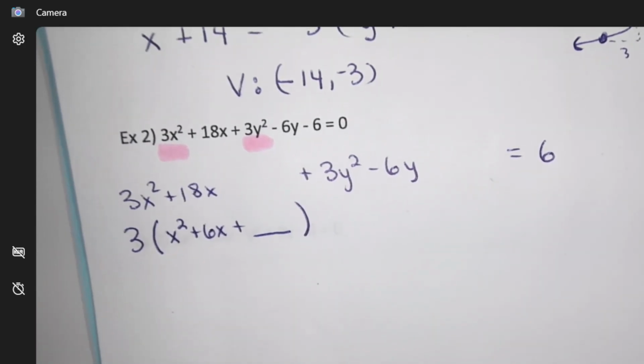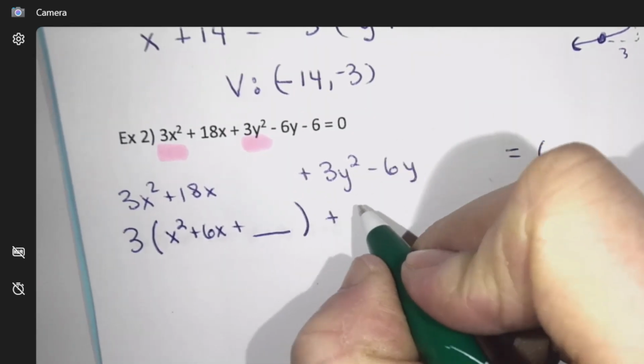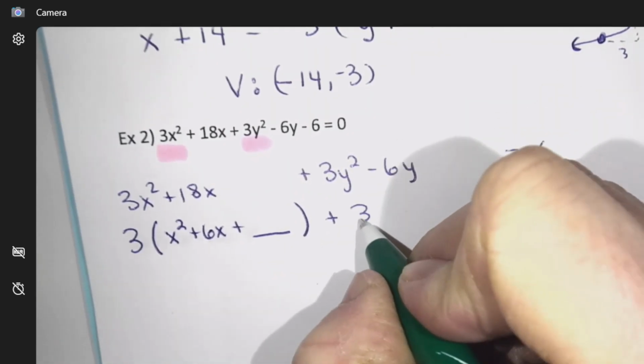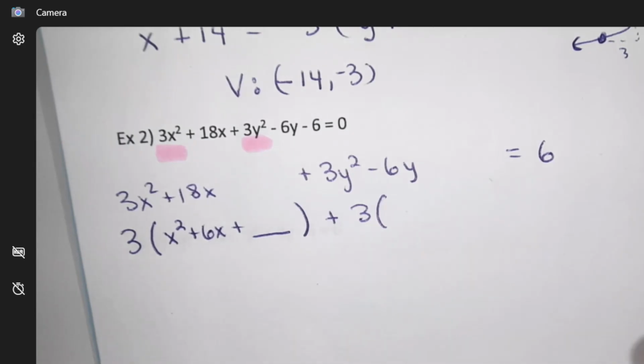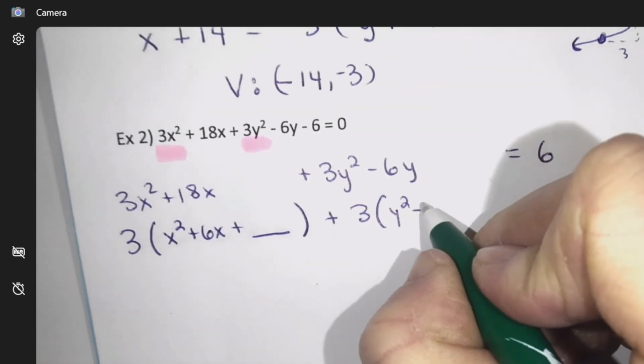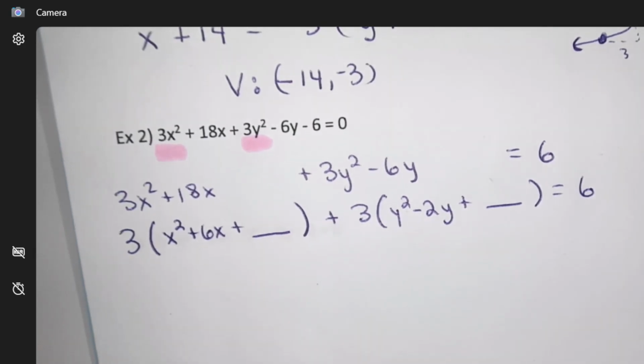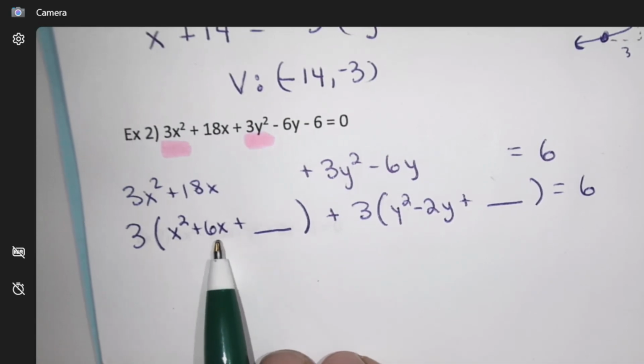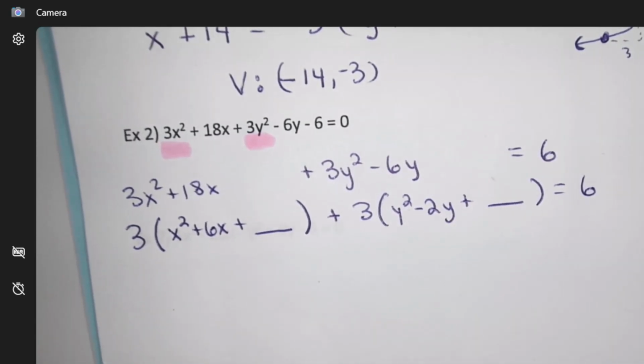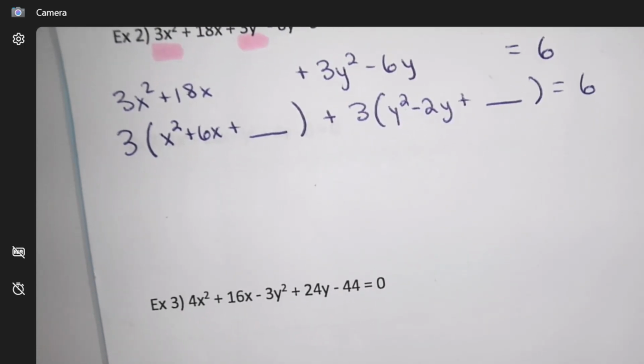So x squared plus 6x plus blank, because as soon as I have a simple trinomial, I can do this. And then I'm going to do the same thing over here. I'm going to GCF a 3 out of the y group. Plus blank. Make sure people forget to do it out of the second term. You got to take the 3 out of everything, right? How does that look?